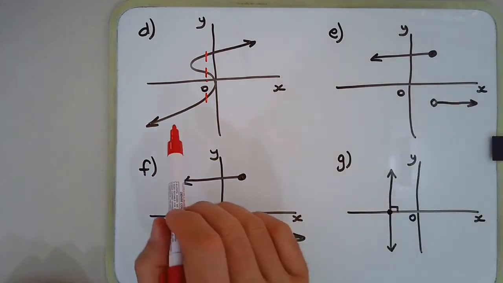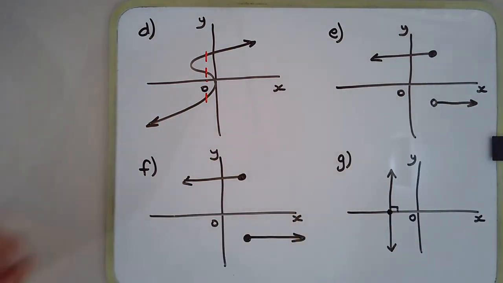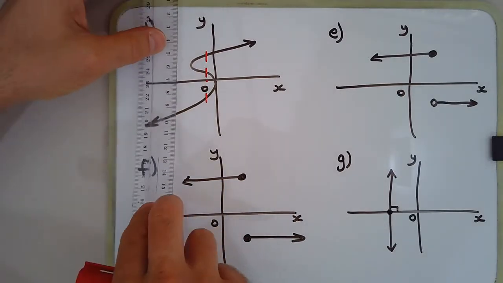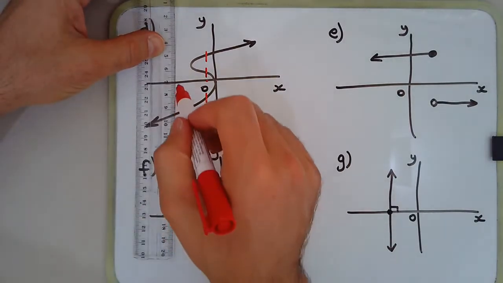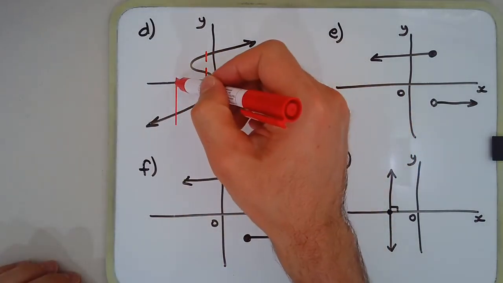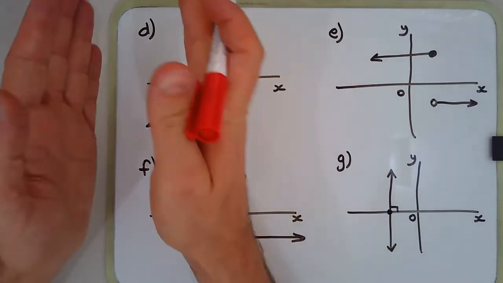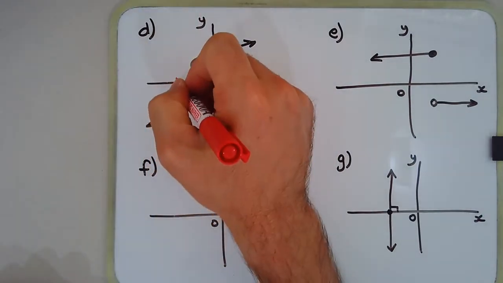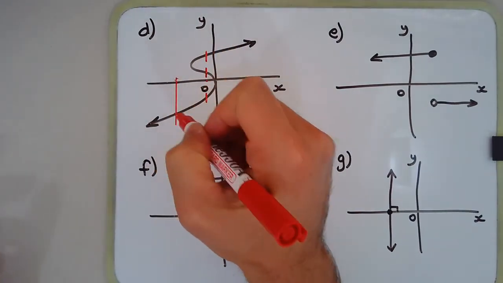Elsewhere on this relation, it looks like a function. If we take this point here, we can see clearly that one x value restricted to this region gives you one y value, which is nice.